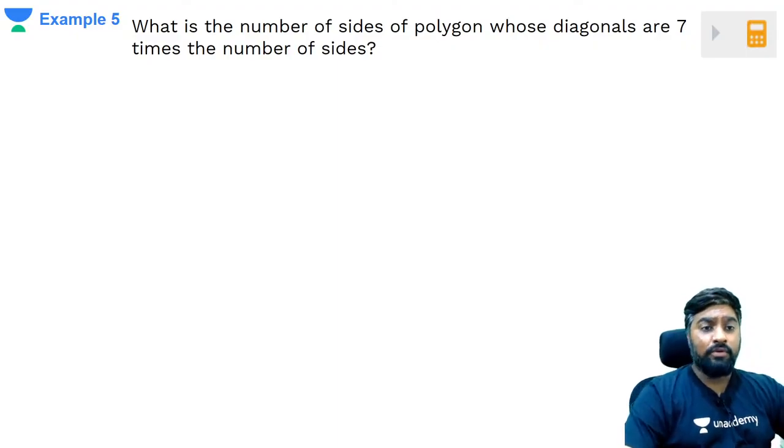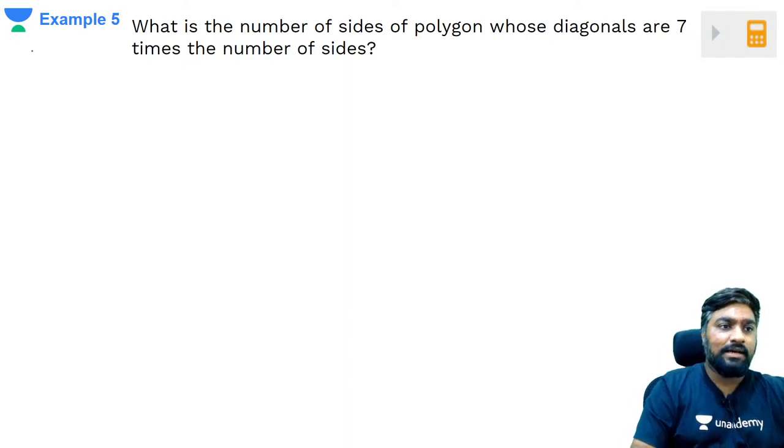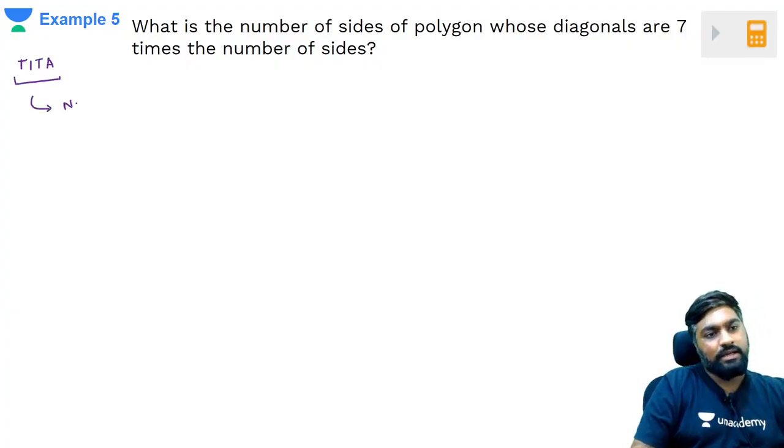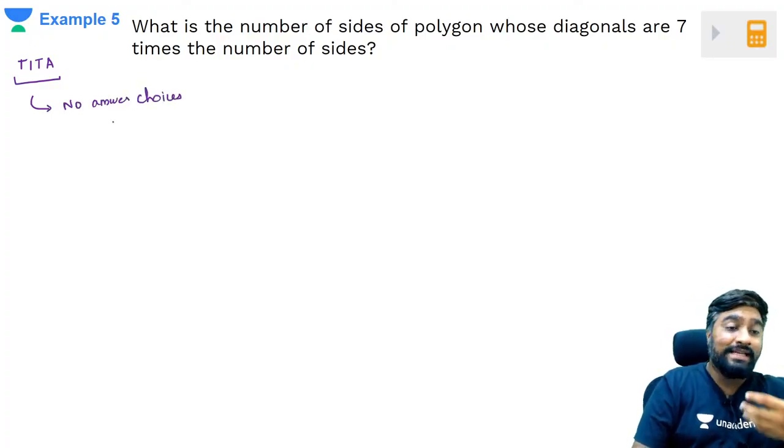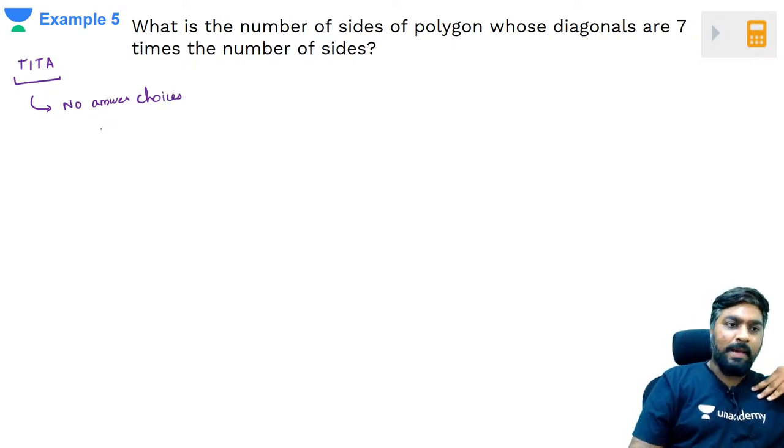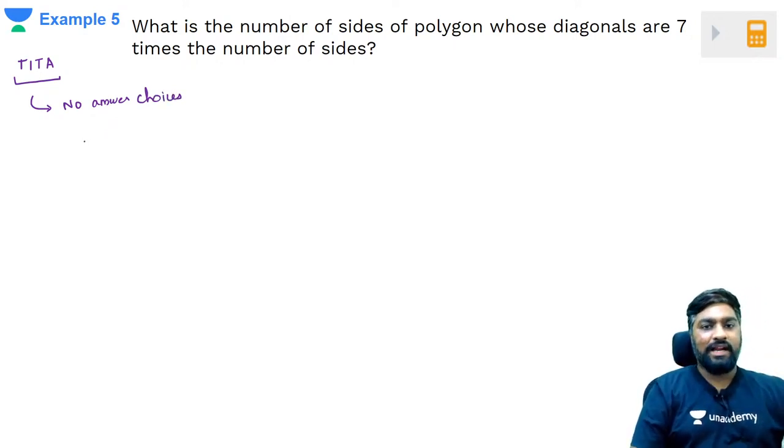Great. I hope you've had a chance to look at this question. I hope you have an answer. This is a TITA question. TITA questions could actually be very mysterious because there are no answer choices, right? If there are no answer choices, then there is no way of knowing for sure, or at least having that satisfaction in your mind that you have it right or wrong.